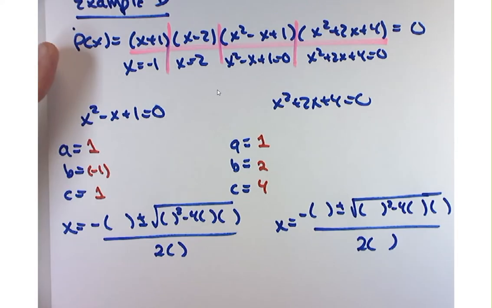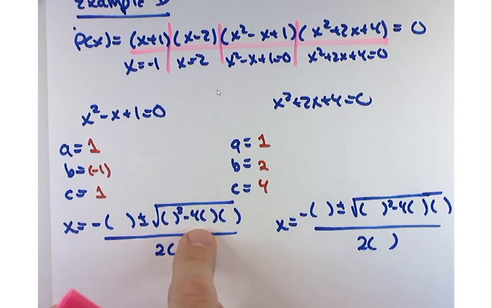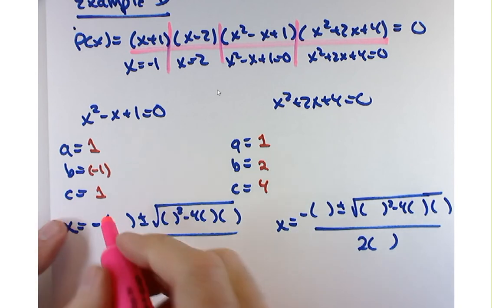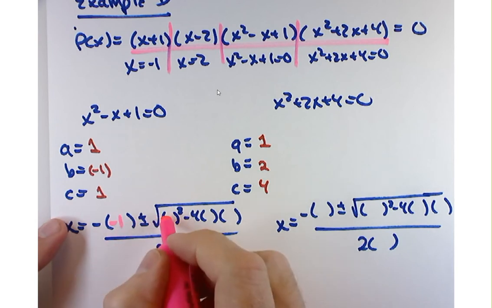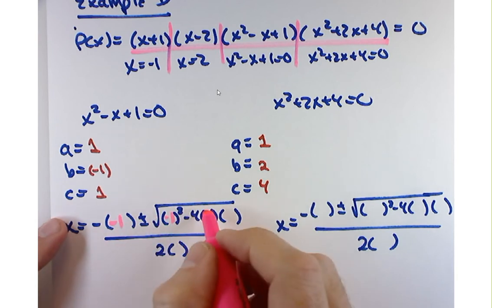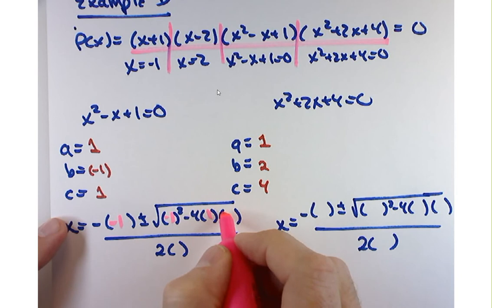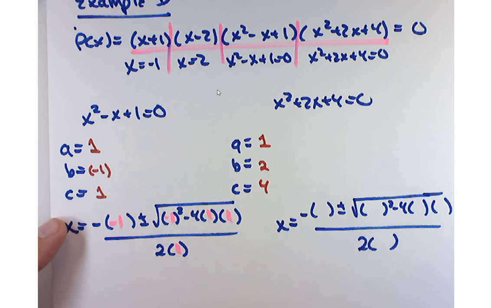A very common mistake in working with these things is not to draw that line underneath the b out front. People just leave it out in space and then end up with the wrong answer. Negative of -1 plus or minus the square root of -1 squared minus 4 times 1 times 1, over 2 times 1.